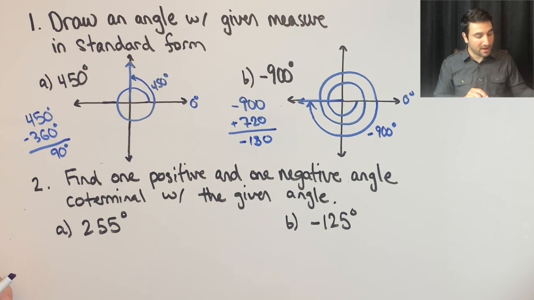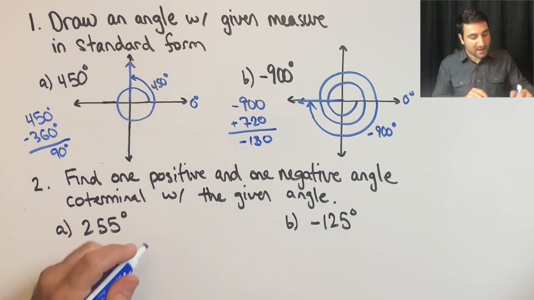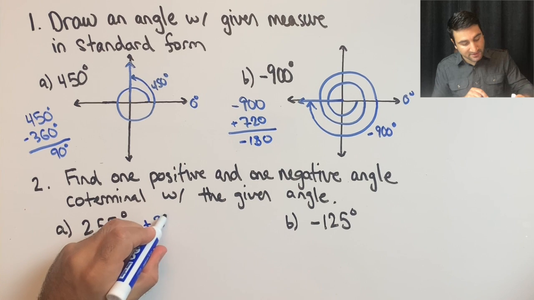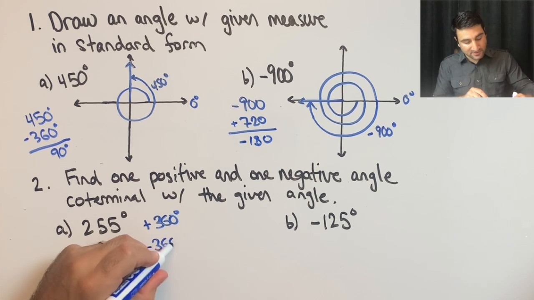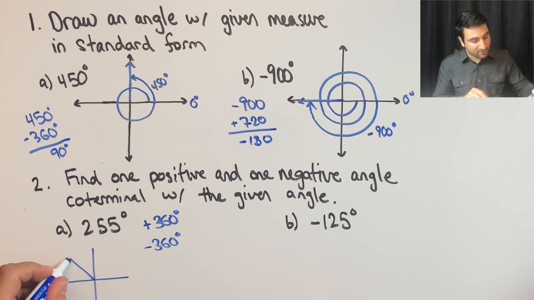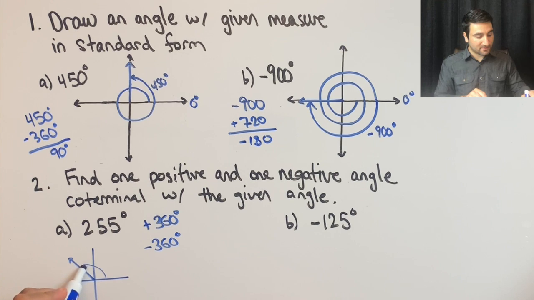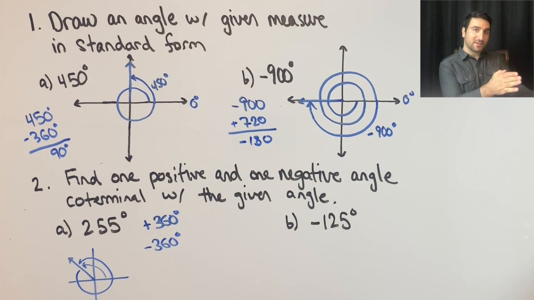The tool that we have to do this is to take the angle and either add 360 degrees or subtract 360 degrees. Because if you have an angle like this and you add 360, you're going to end up in the same place.